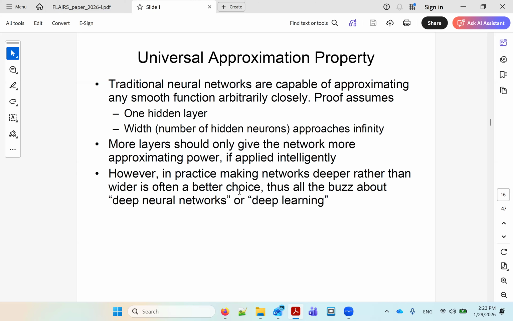All right. Now, one of the things that is known theoretically about the shape of the neurons, it's not as helpful as you might think, but it's just that if you're not linear, and it's almost as simple as that, but pretty much any other shape that you might want to use has this universal approximation property. So we know that these neural networks are capable of approximating any sufficiently smooth function with an arbitrary degree of accuracy if we've got a big enough neural network and feed it with enough data.